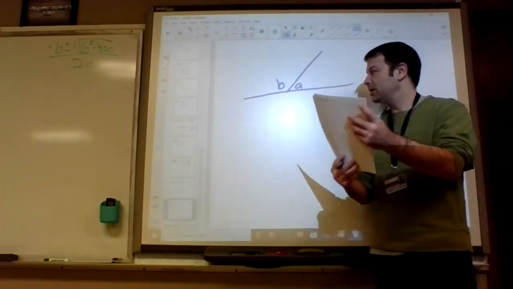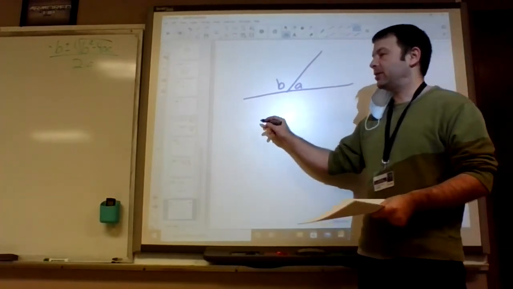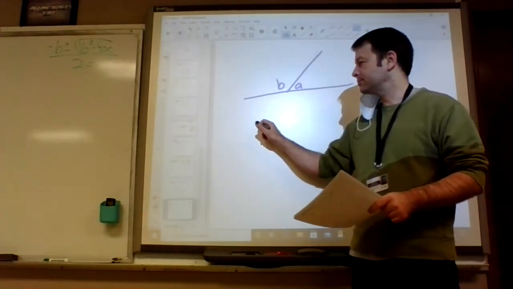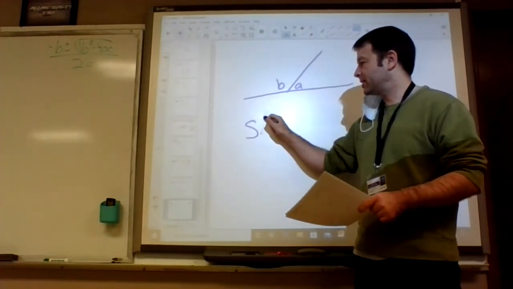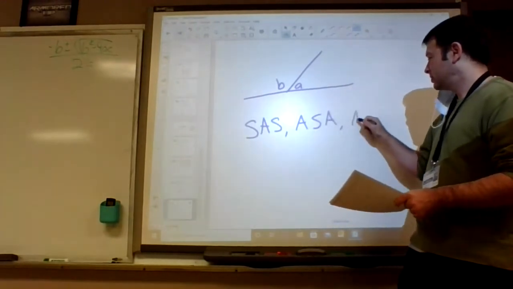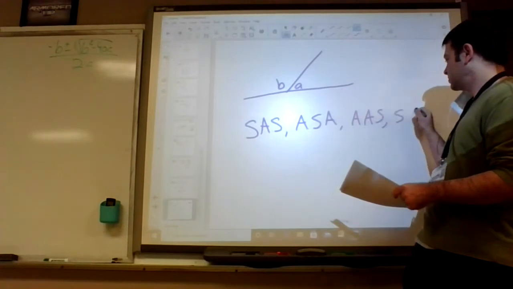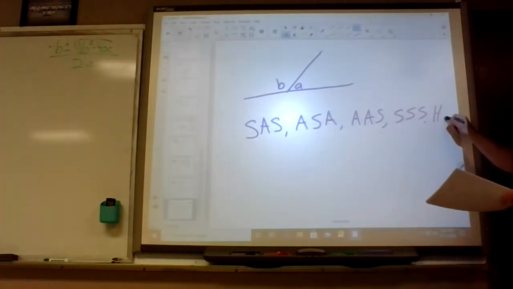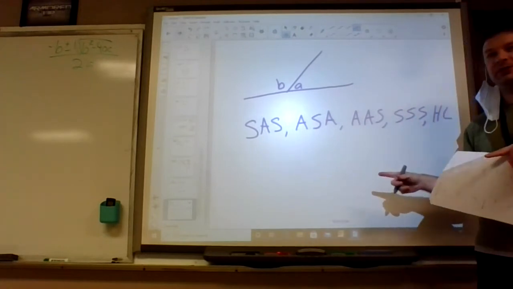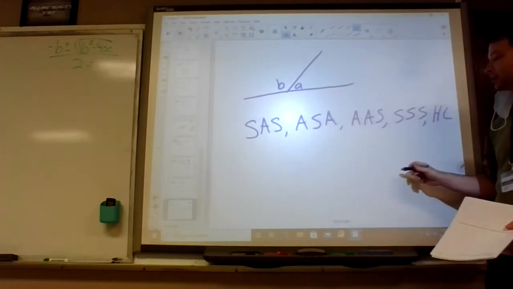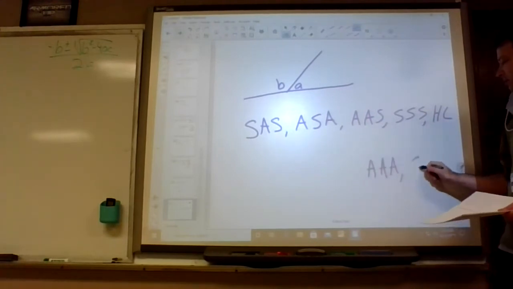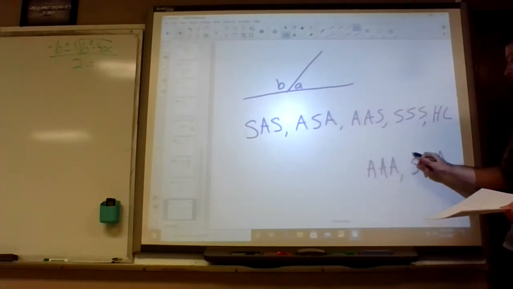Okay, here's a good thing for the notes. What are the ways we prove triangles are congruent? Side angle side, angle side angle. Yeah. So it might be easier to say the ones that don't work, because there's only like 2 of those. What does not work? Angle, angle, angle. Yeah. So these are no-nos.